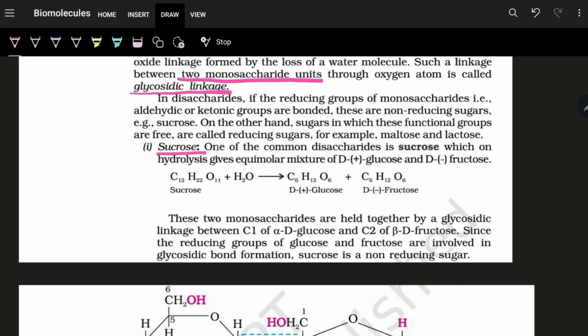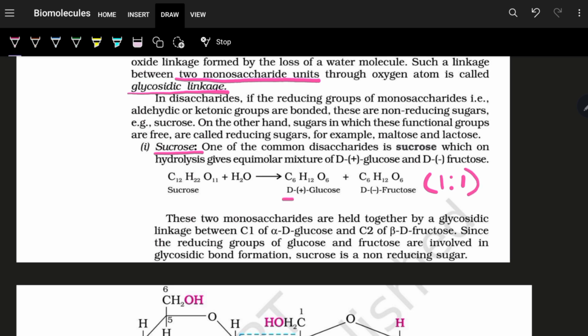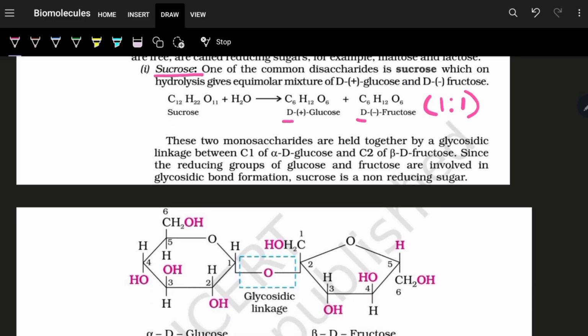When it hydrolyzes, it produces equimolar mixture of glucose and fructose, both belonging to the D series, and sucrose is known as invert sugar as the specific rotation of aqueous solution of sucrose gets inverted on account of greater extent of levo-rotation of fructose than the dextro-rotation of glucose that converts sucrose from a dextro to a levo in its aqueous solution.